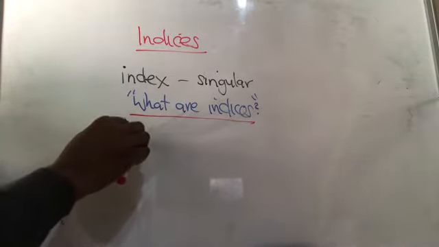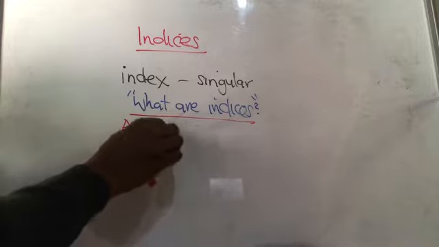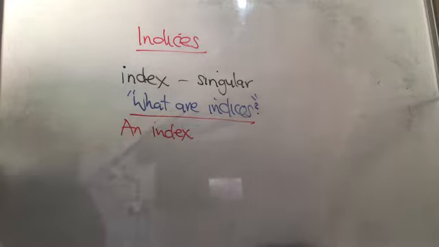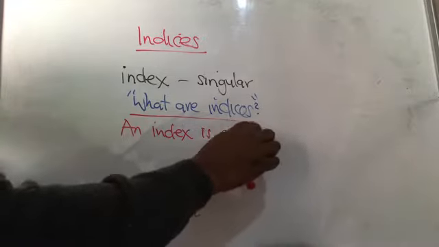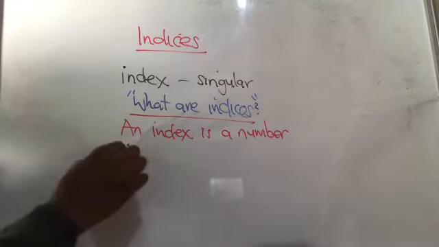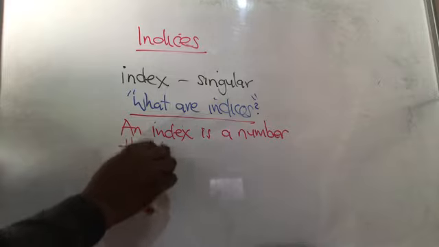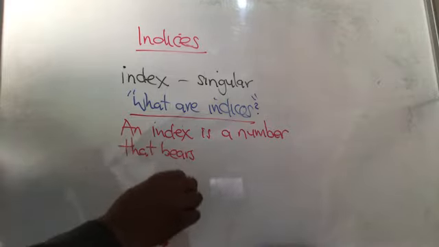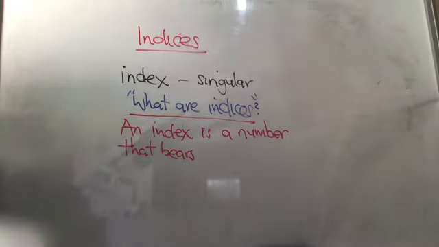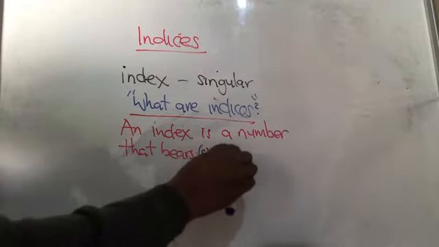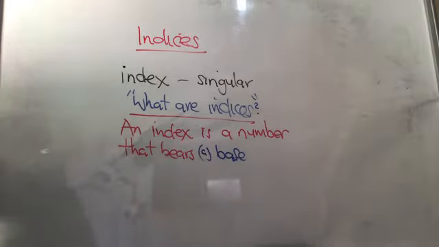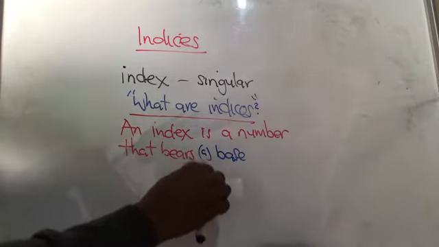An index or an indice is a number that bears, or contains, number one, a base. It's a number that contains a base number, we call it a base number. And it also contains a power.